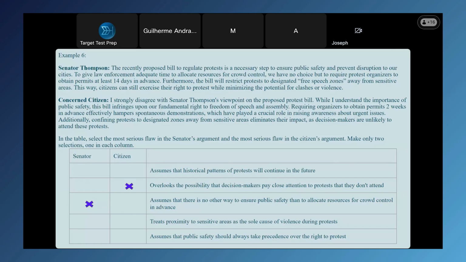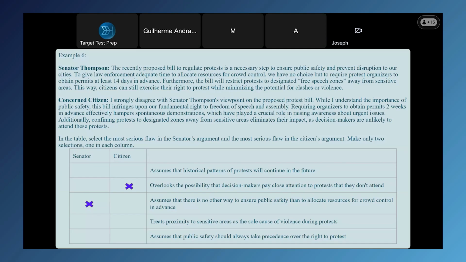Does C work even though it does not have the safety zone? Ooh, so that's an important thing here. The senator is saying, hey, here's this bill, and it's necessary. It's a necessary step to ensure public safety and prevent disruption to our cities. And then the senator says there's two things going on.